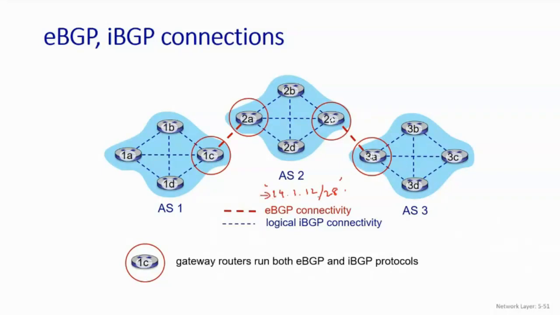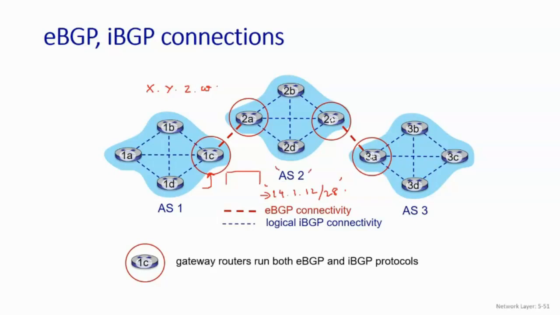Whatever may be the router inside the subnetwork, they are reachable from the gateway router. So whenever 1C gets a packet, the packet is based on the IPv4 packet. The IPv4 packet has 4 components, 4 8-bit compartments.